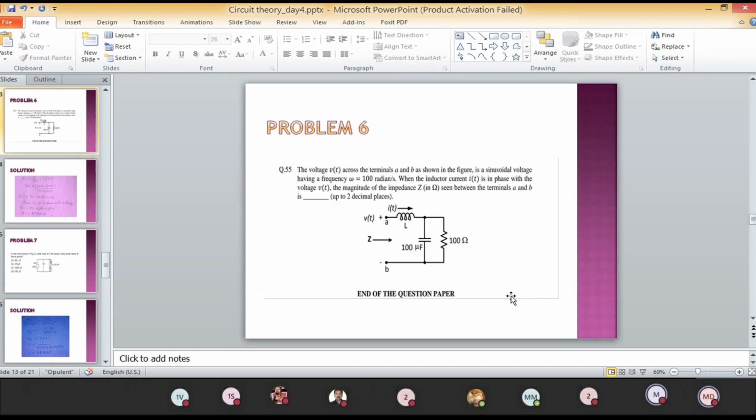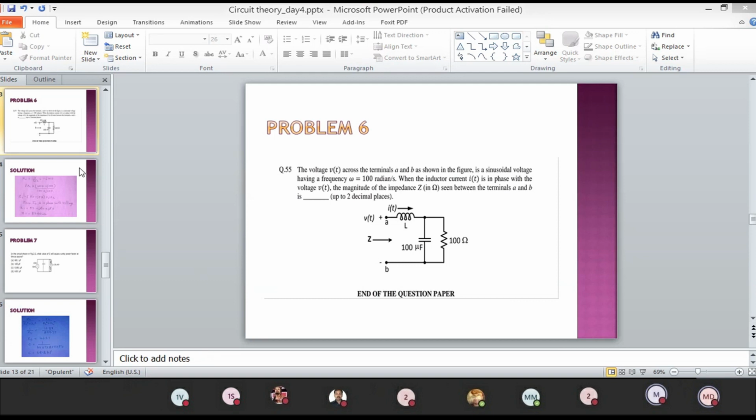So kindly understand, you should be able to pick up how the clue is given. It has mentioned clearly that the inductive reactance is equal to the capacitive reactance. How do you identify that? He has mentioned that the current is in phase with voltage.